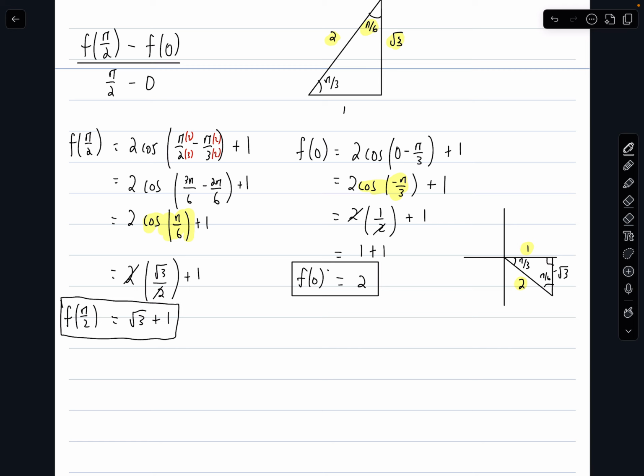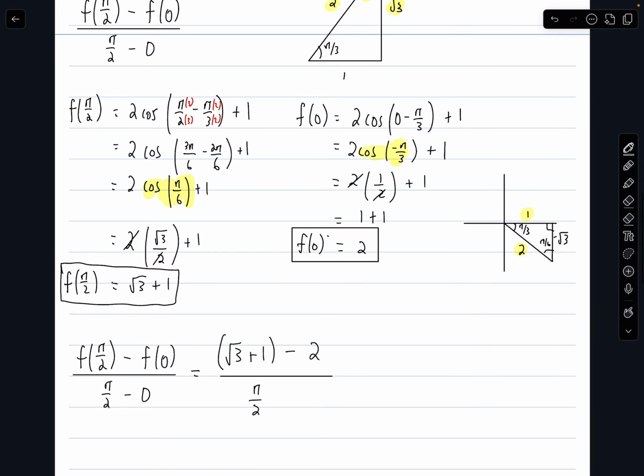So f at pi over 2, we'll put it over here. So over here, we have root 3 plus 1 minus 2 all over pi over 2 minus 0, which is just pi over 2. So here we're going to have root 3 minus 1, because the plus 1 minus 2, pi over 2.